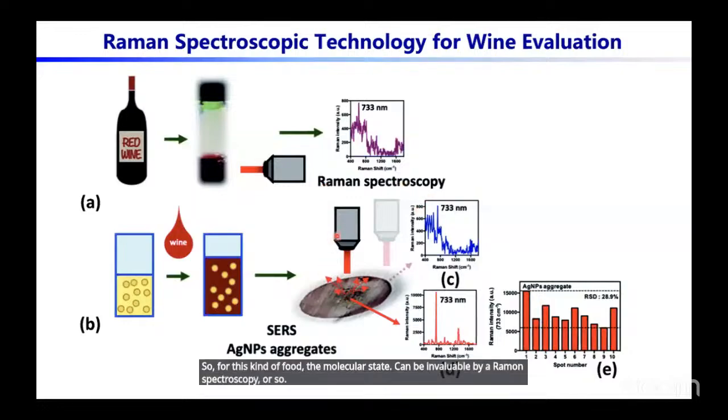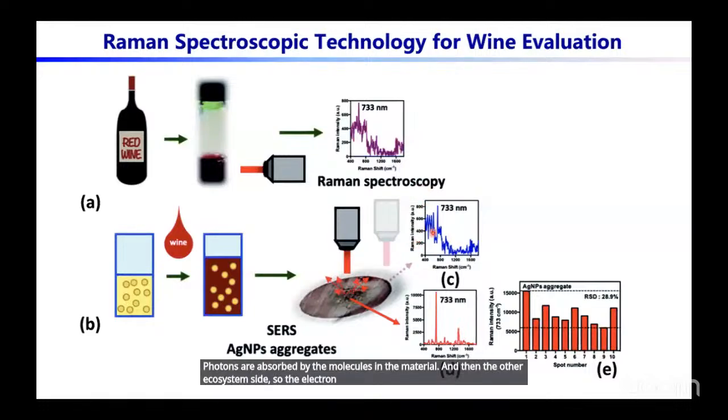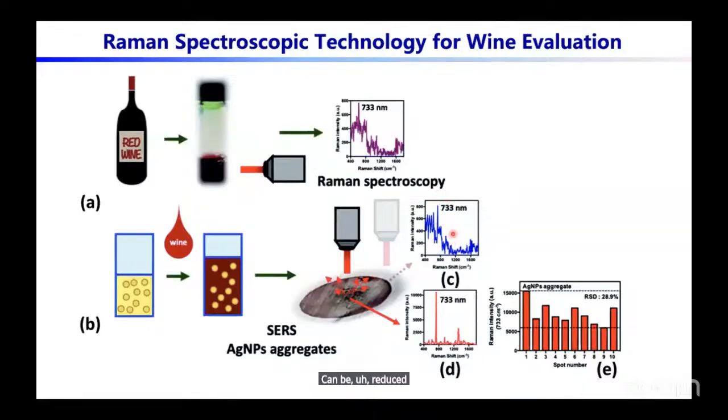So Raman spectroscopy uses a laser beam that is directed at certain objects, and then the laser photons are absorbed by the molecules in the material, and it excites the electrons into a higher energy state, and those electrons can return to a lower energy state, thereby emitting photons.